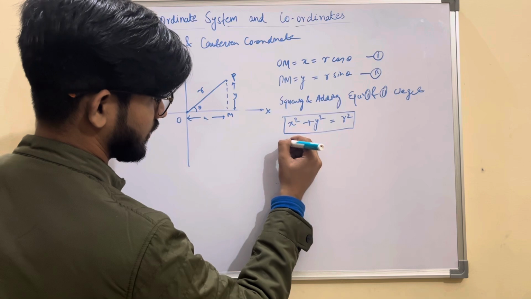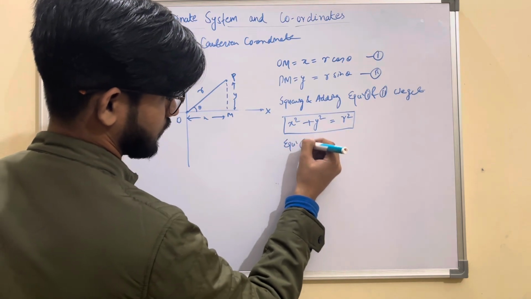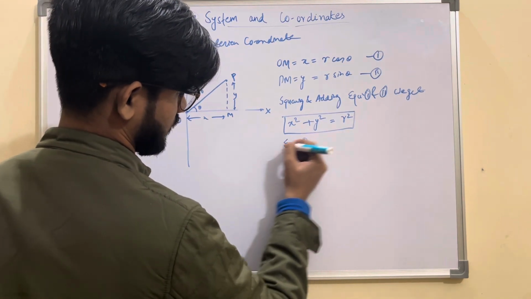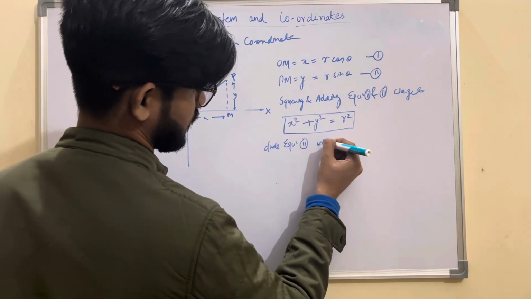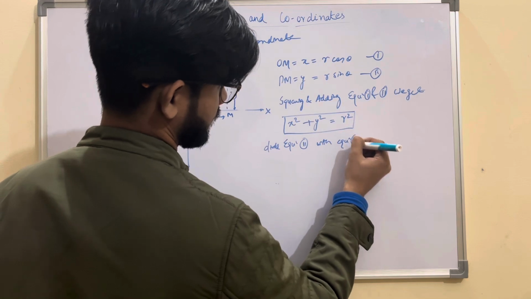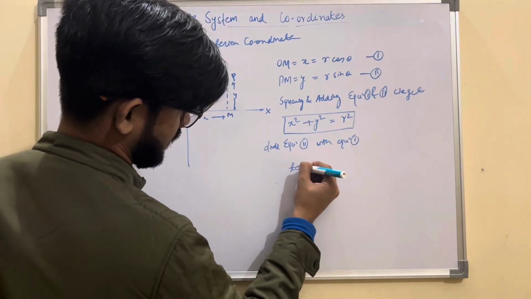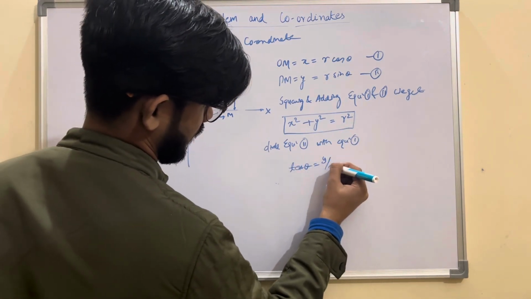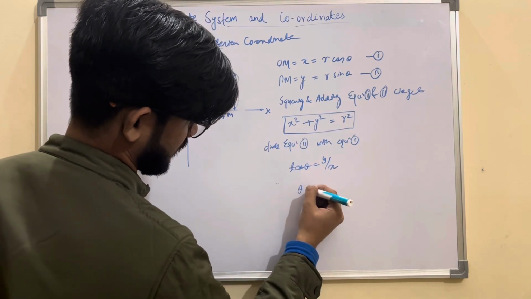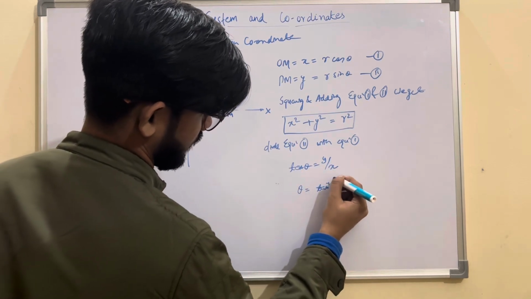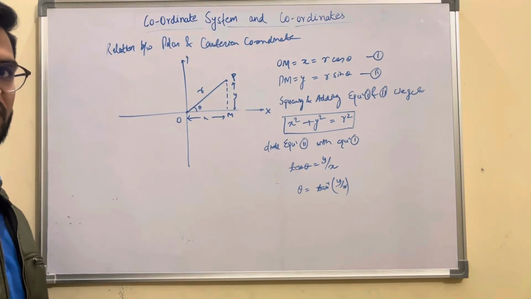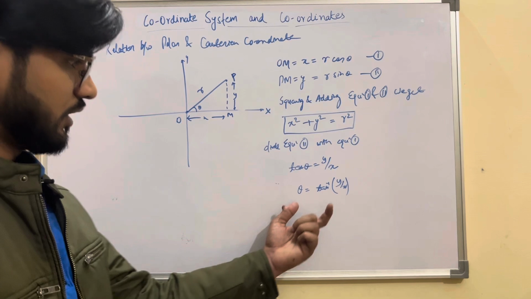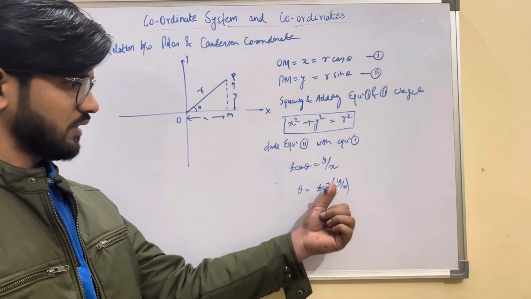Second, if we divide equation 2 by equation 1, we find tan theta equals y upon x, and theta equals tan inverse y upon x.